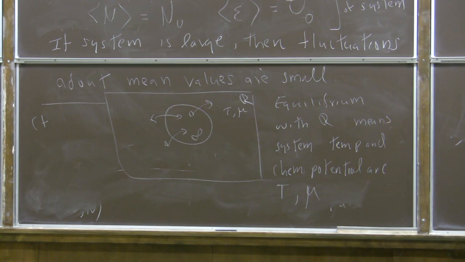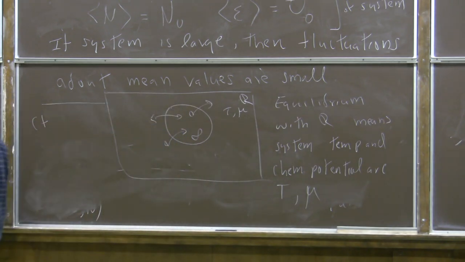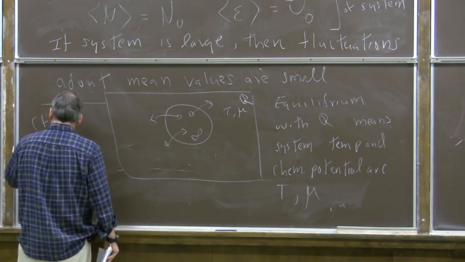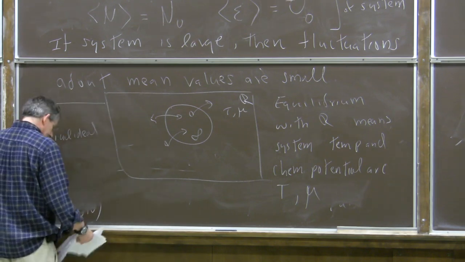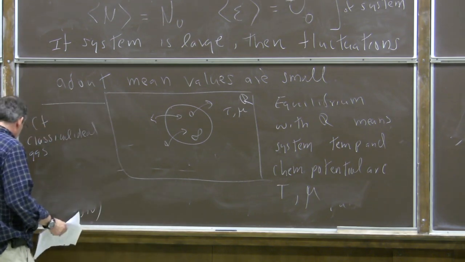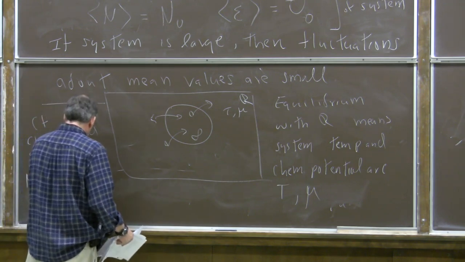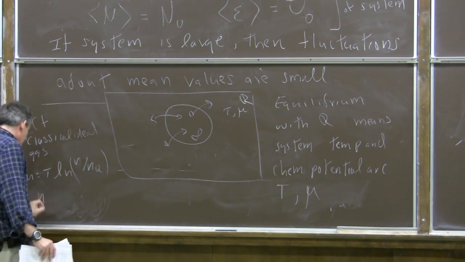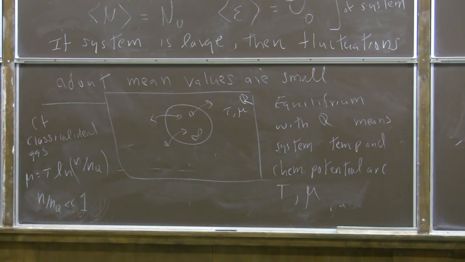Well, I was just about to write down again, because I didn't emphasize it before, for the case of the classical ideal gas, the chemical potential was tau times log of concentration divided by quantum concentration, which actually is the right formula only when n over nq is a small number, in which case the log is negative.